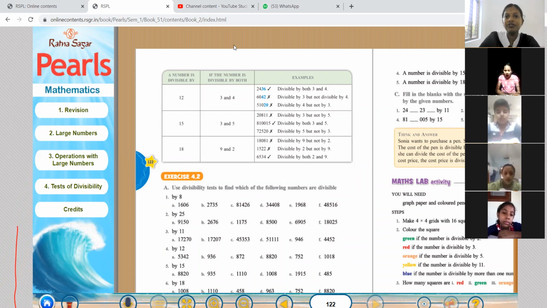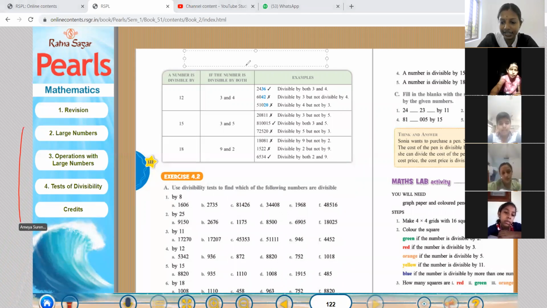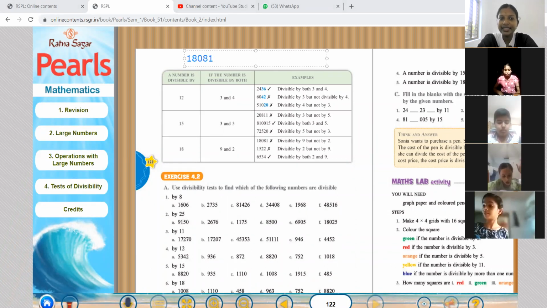So it is your first example. What's our first example? 18,081. Then in 18,081, is it divisible by 2? Look at the last digit.